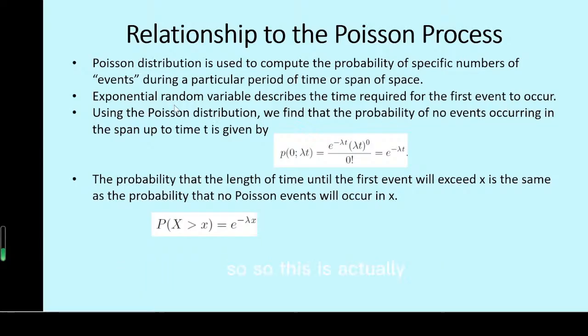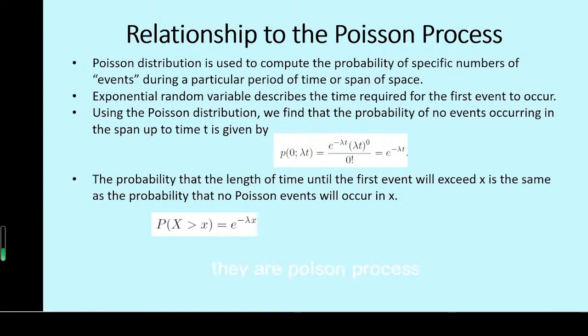So these are actually two distributions modeling the same problem, right? The Poisson distribution models how many events occur during a specified time period, but the exponential distribution models the time until the next event occurs. So this event is actually the same.